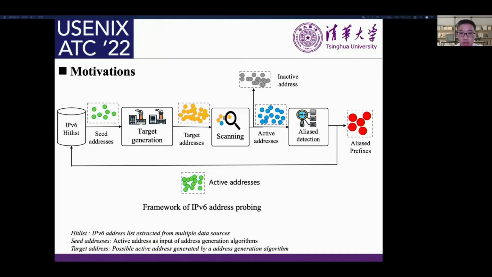The target address generation model then uses the seed addresses provided by the hitlist to generate target addresses. The address scanning model then uses a high-speed address scanning tool to scan target addresses to discover active IPv6 addresses. Finally, the alias detection model removes the alias prefixes and addresses. The newly discovered active addresses are added to the hitlist to enrich it further.